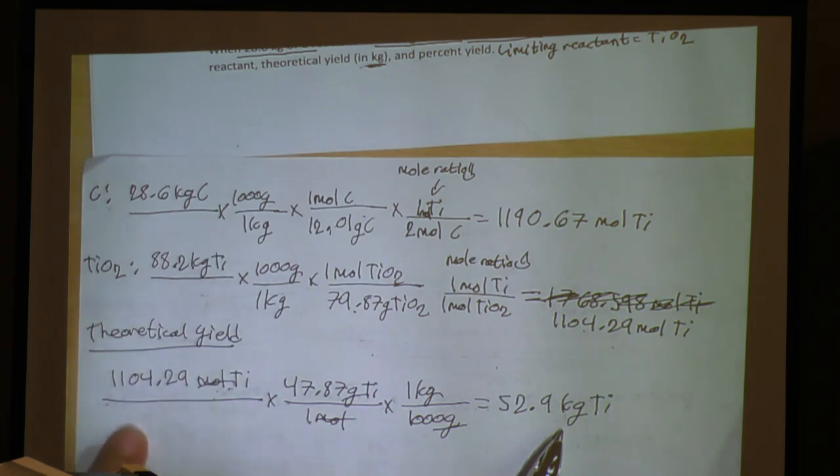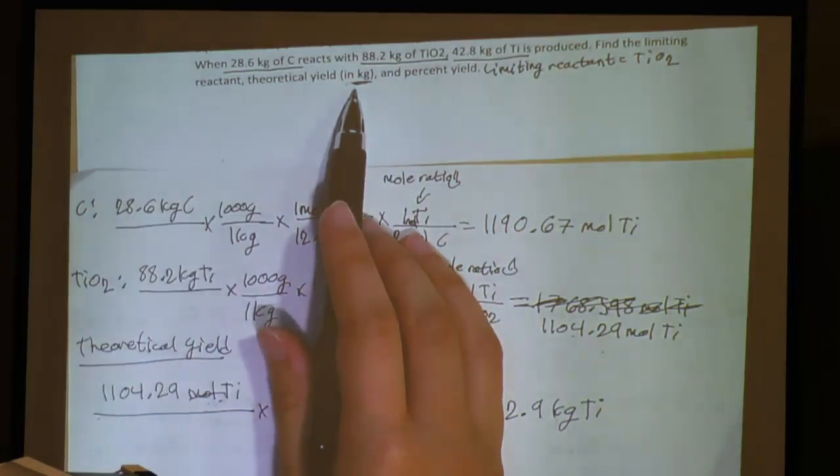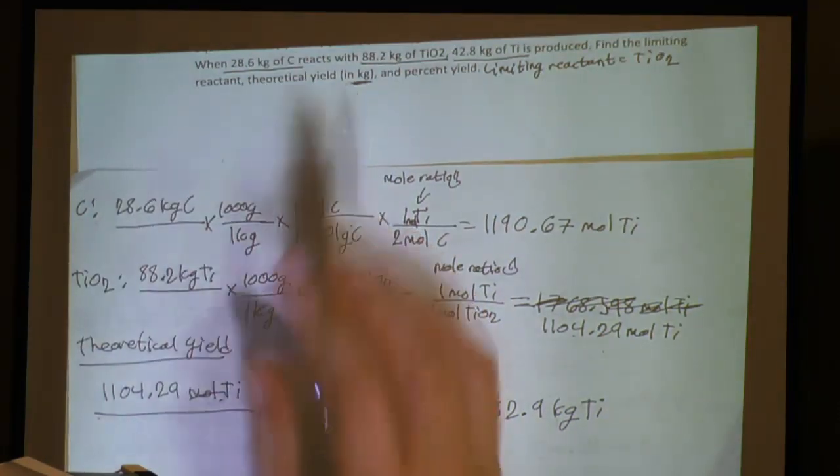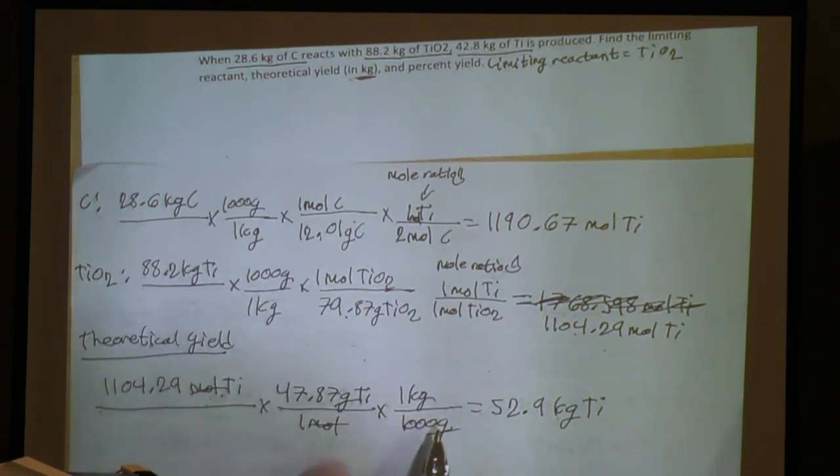Why did you go back to kilograms? Oh, that was just because of the question. They can ask just for grams or for any units. They can even ask for micrograms. What if they did ask for micrograms?